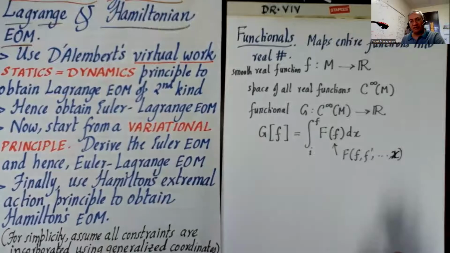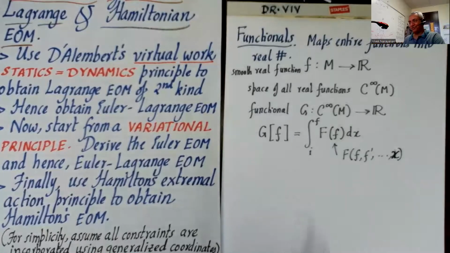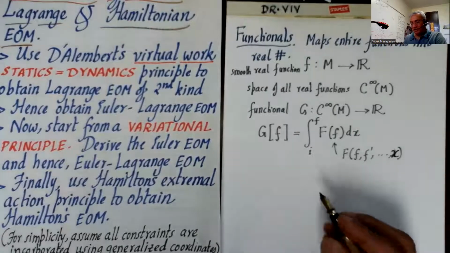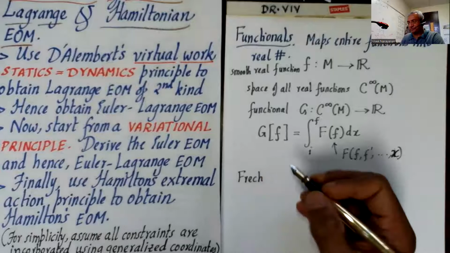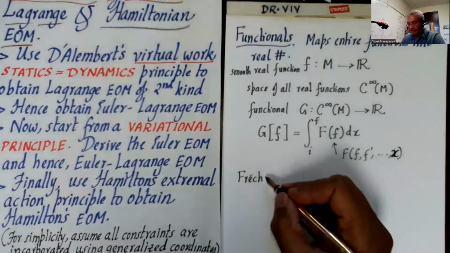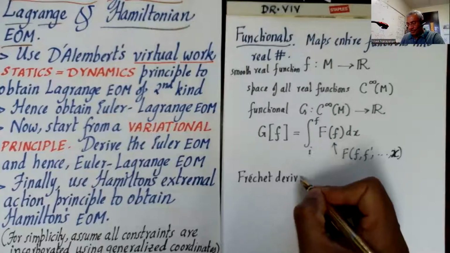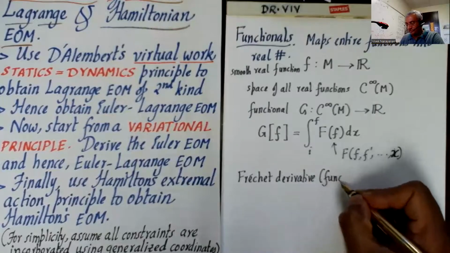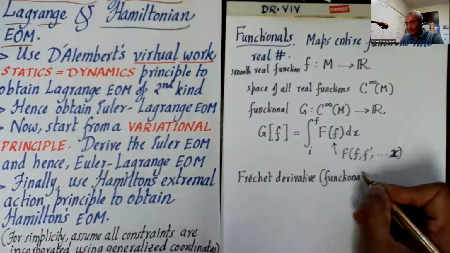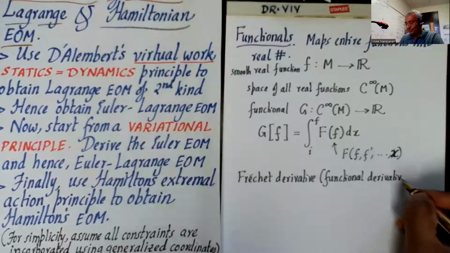Now we're going to define the concept of a tangent vector of a functional. That can be defined in terms of what's known as a Fréchet derivative, put an accent over the e if you like. The Fréchet derivative, sometimes called the functional derivative, is defined as follows.